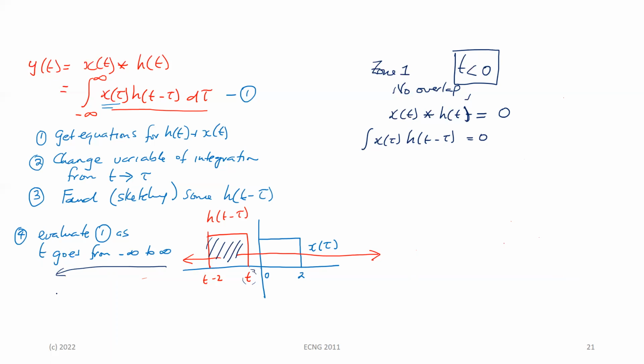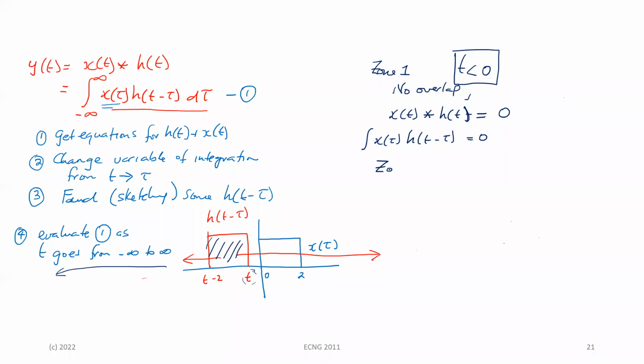Correct, because remember, you're trying to find the integral of this multiplied by this. If there is no common point, like at this point in time, this multiplied by this, they don't exist in the same time zone. So you can't find the product of the two of them, so this bit cannot be evaluated and the convolution is 0. There's no answer. Understood. Thank you.